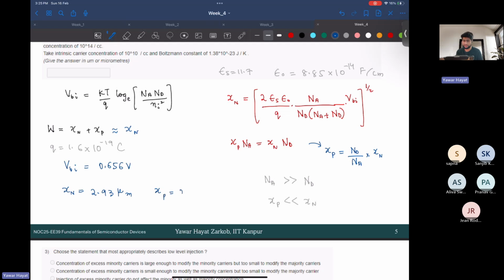Your xp comes about as 2.93 into 10 to the power minus 7 centimeter, right? So that also tells you that your xn is very, very greater than xp, and your W would be equal to 2.93 micrometer. Fine.